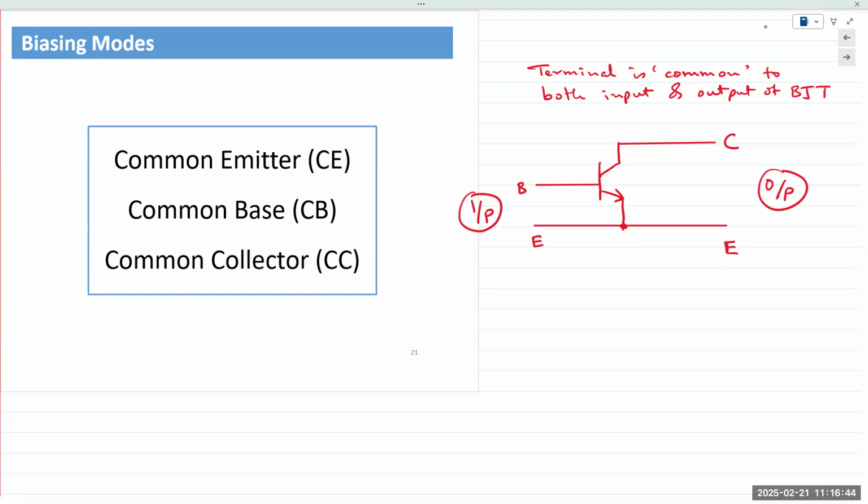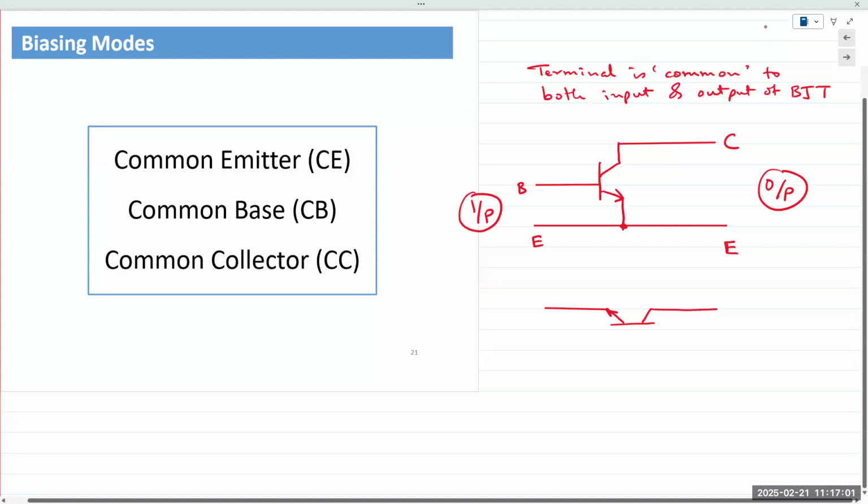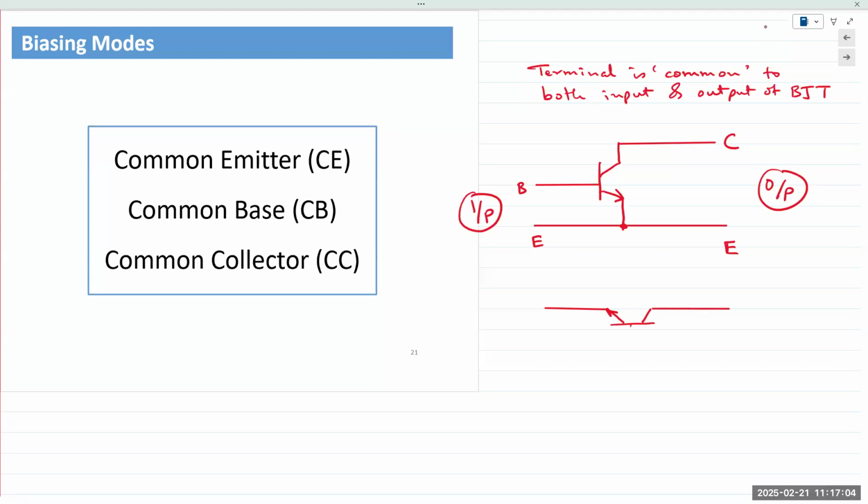In the common base mode, the base is common to both sides. And this is something you will simulate in the lab next week. Common base and common emitter mode characteristics. So emitter, base, and collector and base. That's the CB mode.